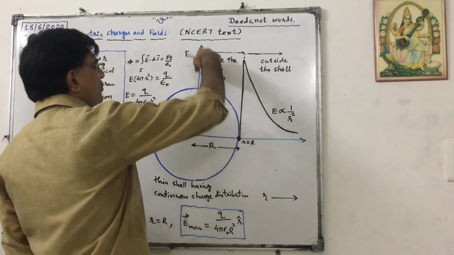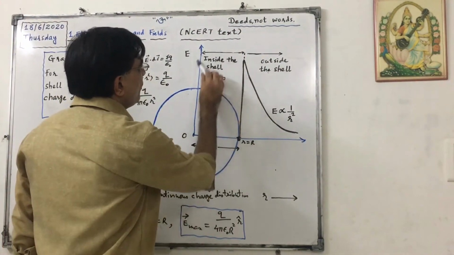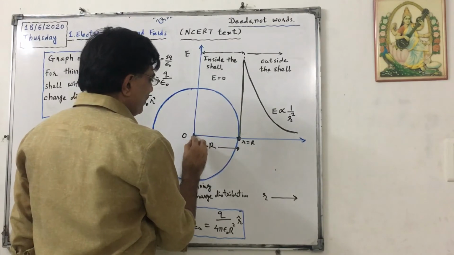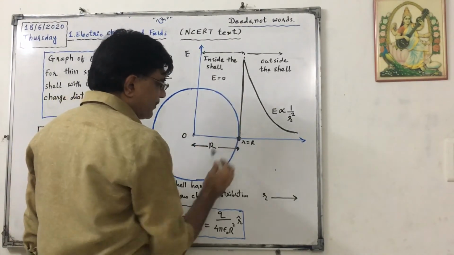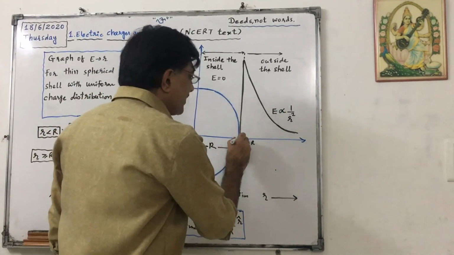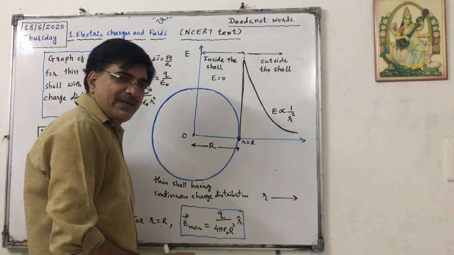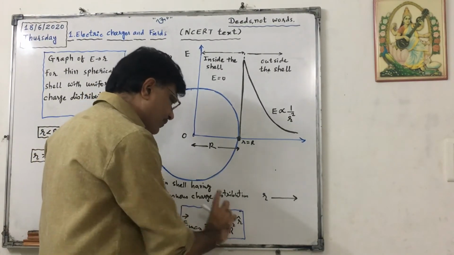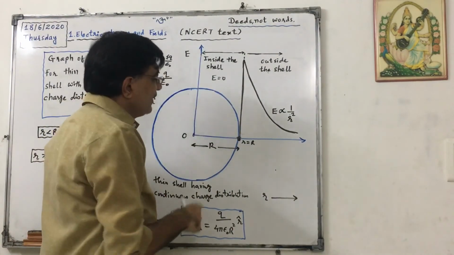And here I have shown the magnitude of electric field. So for all inside points, field is 0. Field means y coordinate, it is 0 here for all these points. On the surface it is maximum. The formula is q upon 4 pi epsilon naught capital R square, that is magnitude. We don't need direction here because we have shown magnitude.